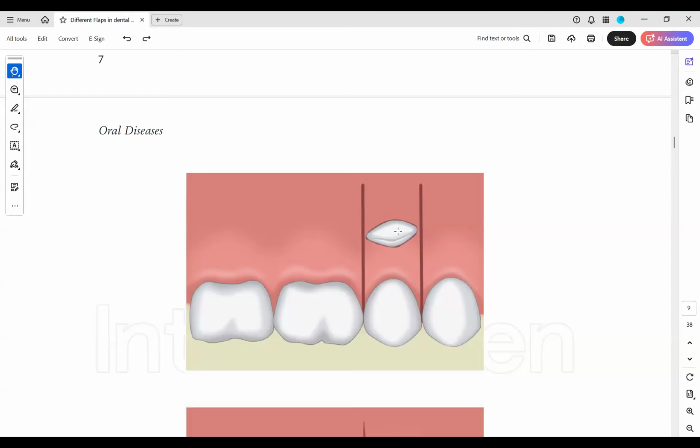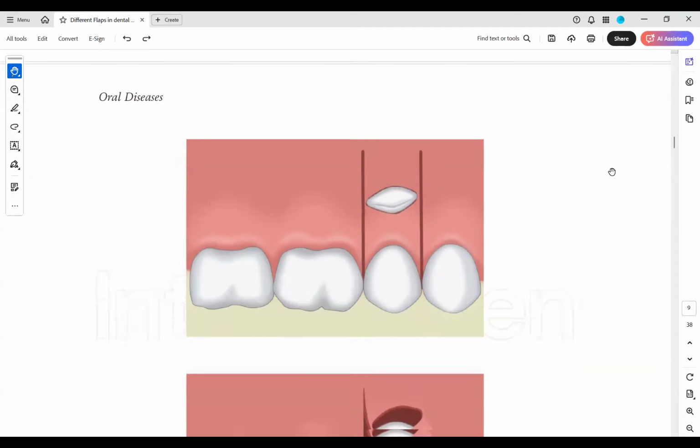So what are the steps? Raise the flap, remove the bone, expose the canine, bracket and wire, put the flap back in its original position and suture it.